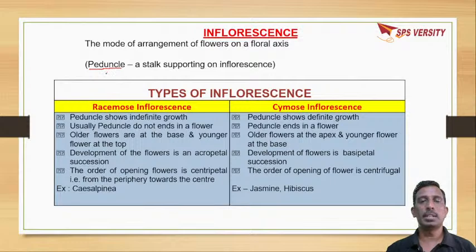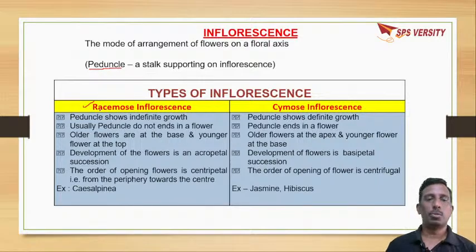So in plants there are two types of inflorescence. Inflorescence means a group of flowers which are arranged in a specific way. Inflorescence में दो टाइप्स हैं, racemose inflorescence और cymose inflorescence.